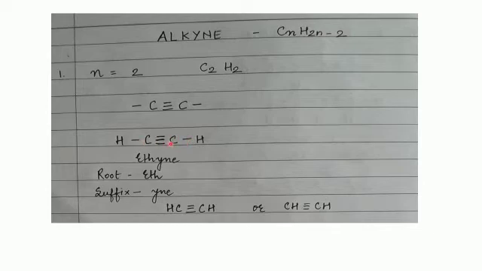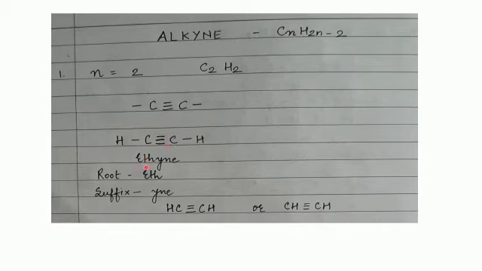Since there are two carbon atoms, it is considered to be a derivative of ethane. But because there is a triple bond, the last 3 letters from the corresponding alkane will be replaced by YNE. So this is a derivative of ethane.